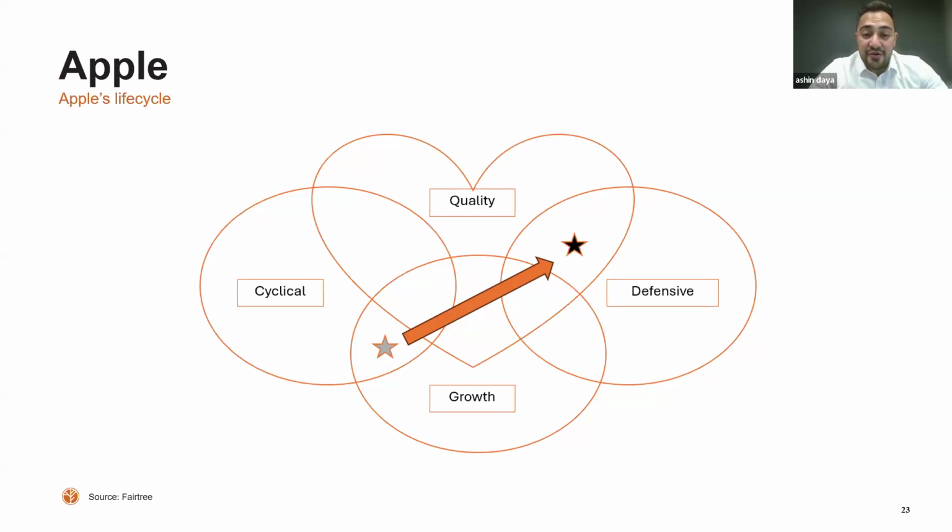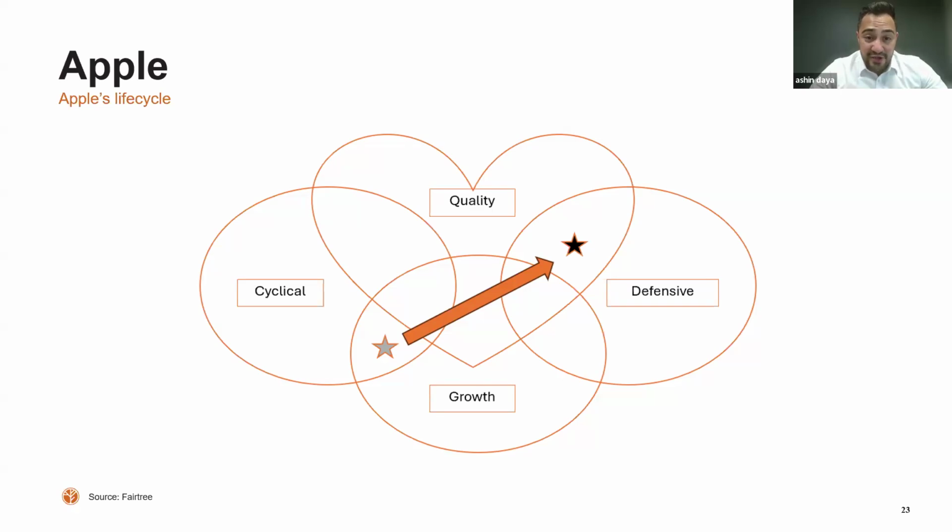And then they've now transformed into more of a defensive quality name. We can see a very strong balance sheet, very healthy returns, growing profit margins, and the services business becoming more important in their revenue mix. As a result, Apple's become a more defensive and high quality name as well.